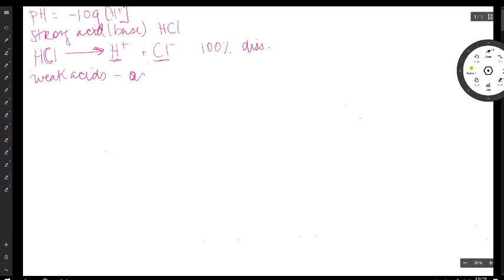Now, for weak acids such as acetic acid, yes, the acid that leads to vinegar having such a pungent taste, these guys go to less than 100% dissociation. And in fact, I think with acetic acid, it's around 4%. And so with acetic acid, here's the structure. That's our ionizable proton there. So it's still going to break down into its respective parts, the conjugate base and the proton.